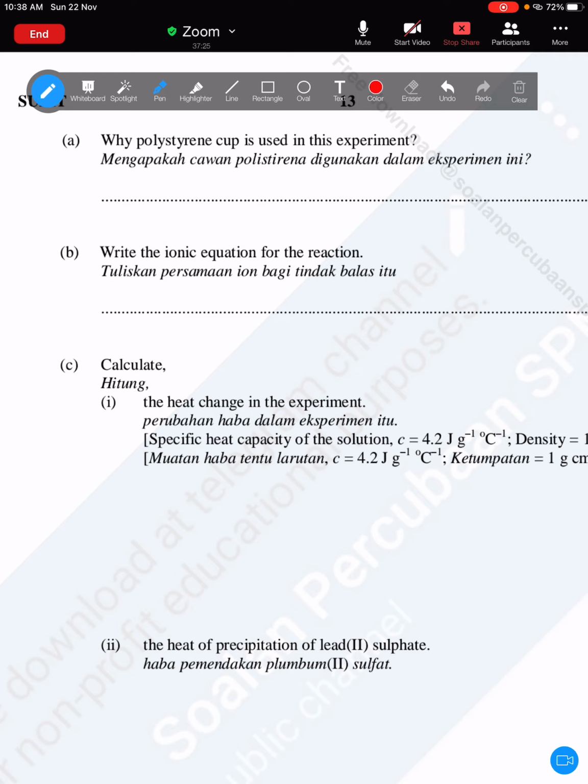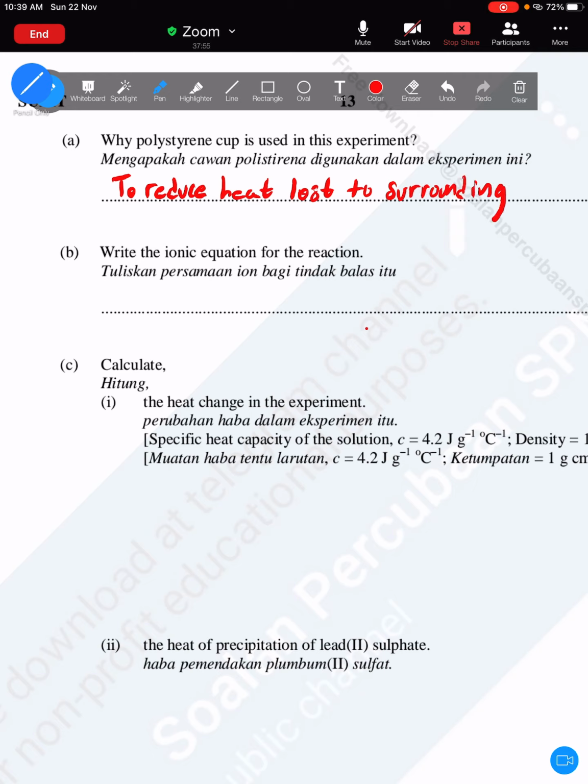This is number 6, am I right? Okay, don't write "to avoid". To reduce is acceptable. To reduce heat loss to the surrounding.